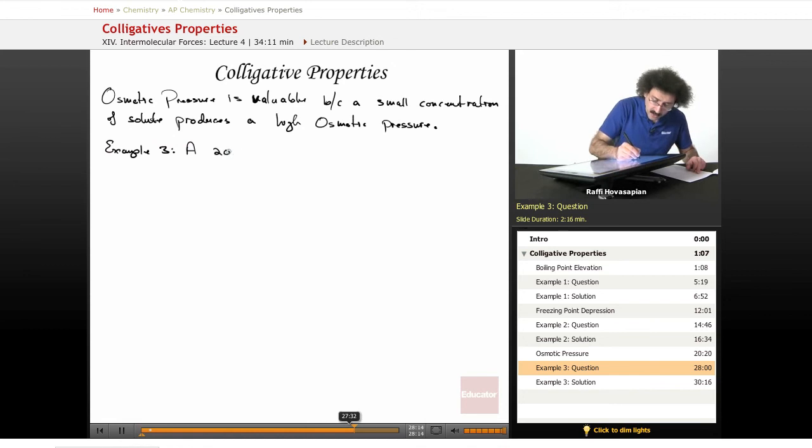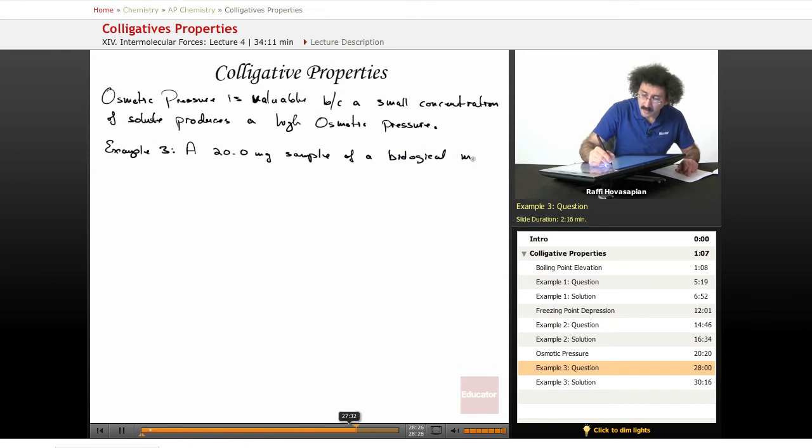So a 20.0 milligram sample of a biological macromolecule, and by biological macromolecule, I mean a protein. It could be a nucleic acid, RNA, DNA. Could be a very large sugar.